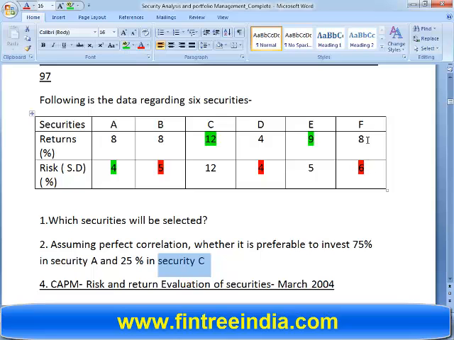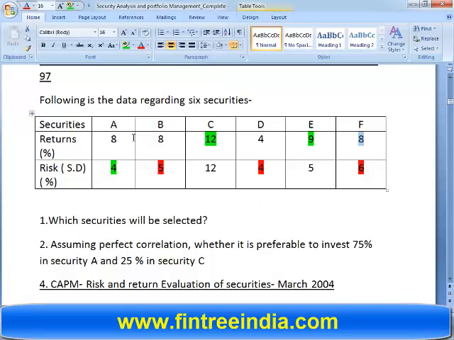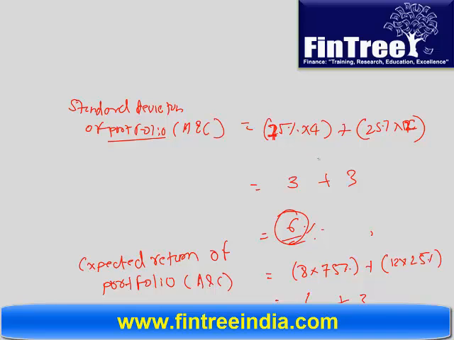But the return that it gives is 8, whereas our combination is giving us a return of 9. Then we will check, is there a portfolio which gives a return of 9? So we have a portfolio which gives a return of 9, which is E, but E gives a risk of 5, whereas our portfolio is giving us a risk of 6, and therefore it makes more sense to invest in E compared to this.